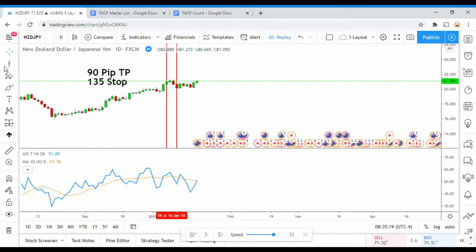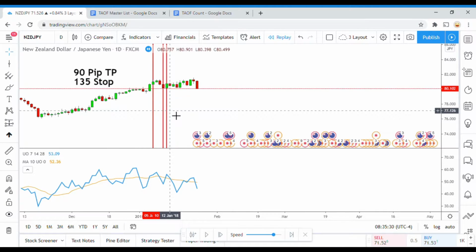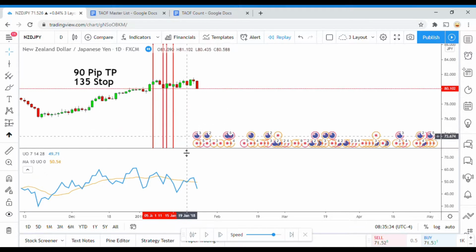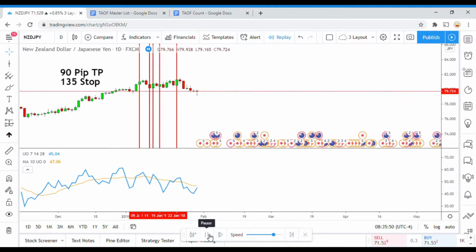Didn't make it to take profit, and then it popped back up here and didn't make it to the take profit. And then this one here also didn't make it to the take profits. This is not looking so good thus far, is it? Let's continue here.